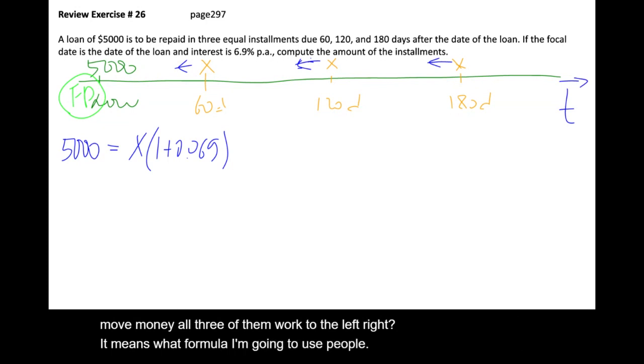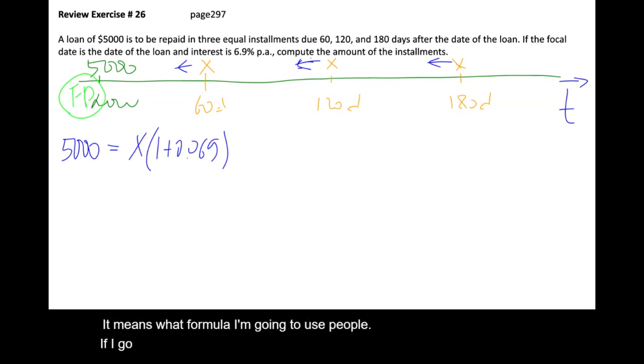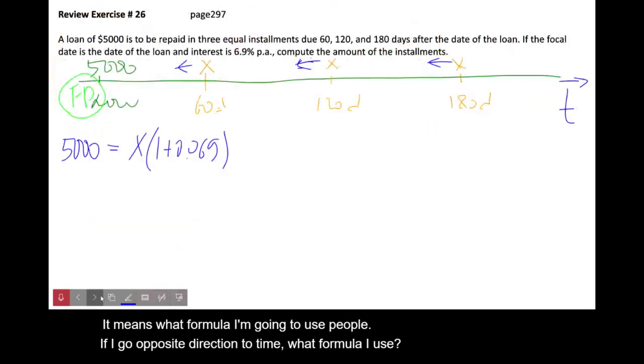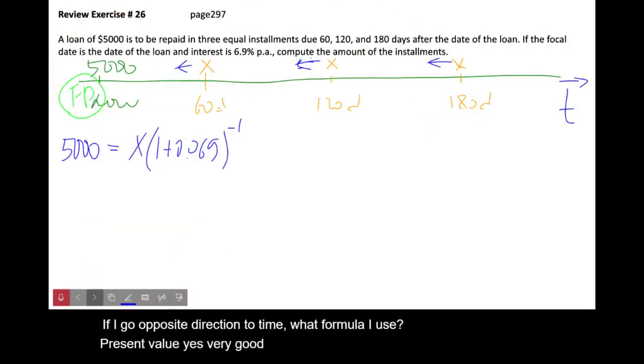People. If I go in the opposite direction to time, what formula do I use? Present value. Yes, very good. So minus 1.